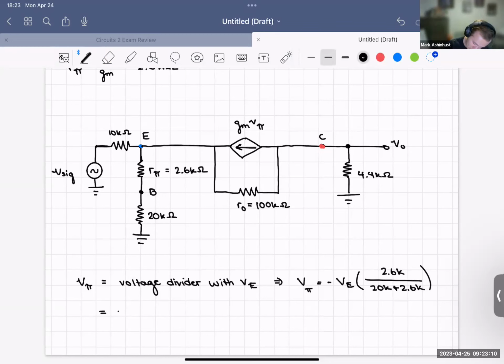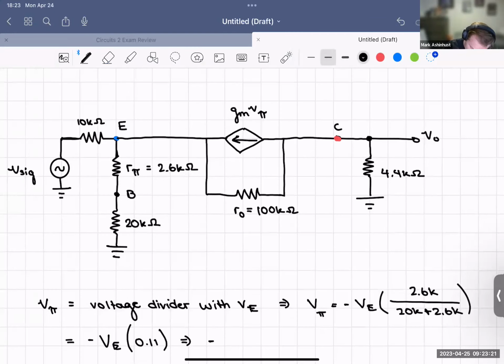It's equal to negative VE times whatever that fraction ends up becoming, which is 0.11. So we could also write that as V pi equals negative 0.11 times VE.